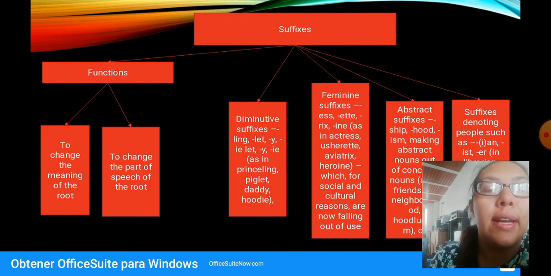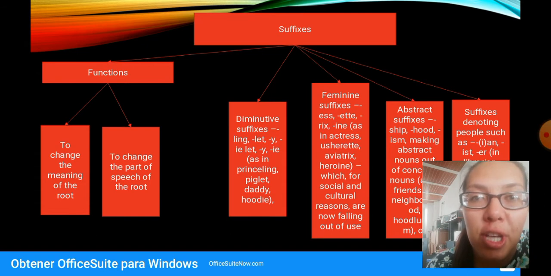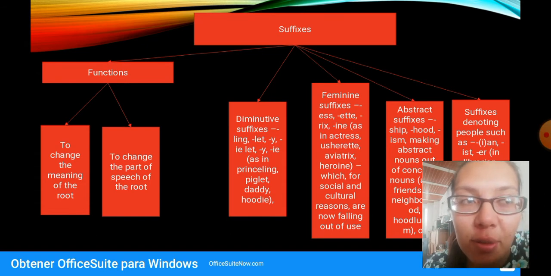We can find in this topic the suffix. The functions of suffixes are very different, and it depends on the use of each one. For example, a suffix changes the meaning of the root, or changes the part of speech of the root.